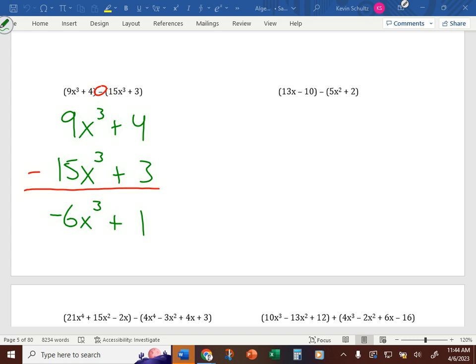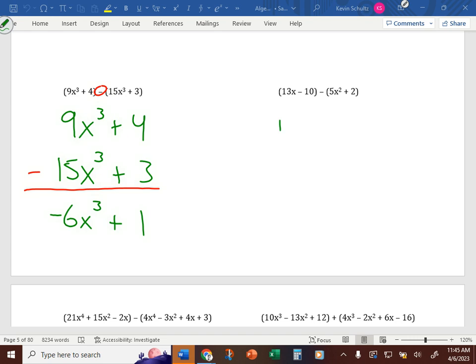Questions? Because now we're about to dive into what happens when you have those unlike terms that I mentioned in step number 2. But these first three kind of basic, straightforward ones, are there any questions that people have? Okay. So the next one, notice that in our first expression, we have an x term, but no x squared term. In our second expression, we have an x squared term, but no x term.